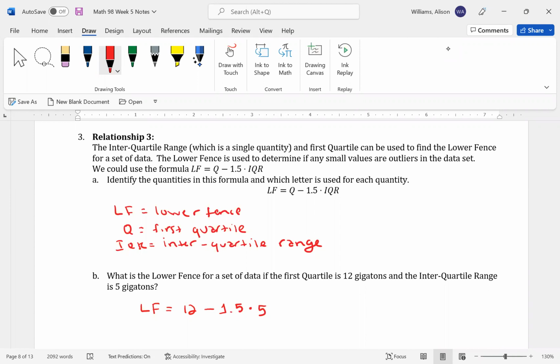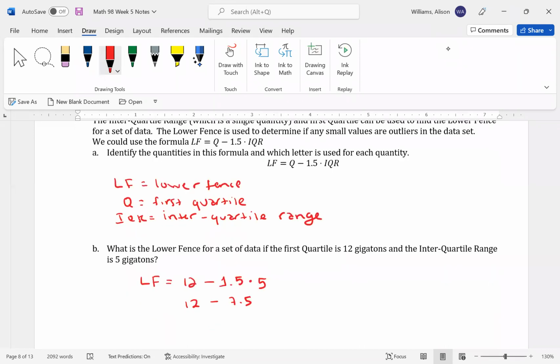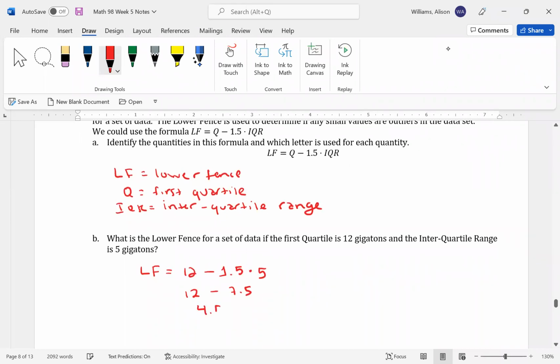So first thing I need to do is the 1.5 times 5, which comes out to 7.5. And then 12 minus 7.5 is 4.5. Cool. So there's the lower fence.